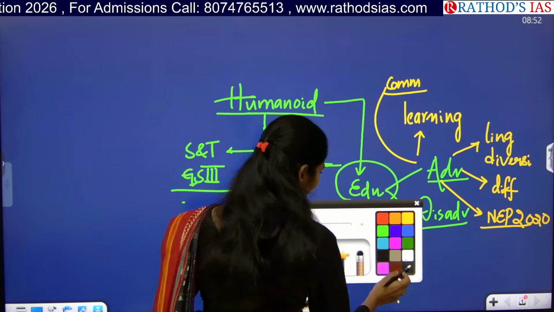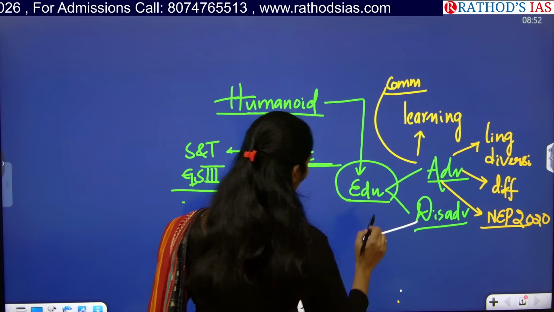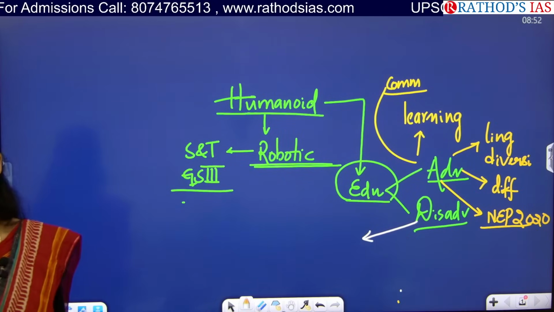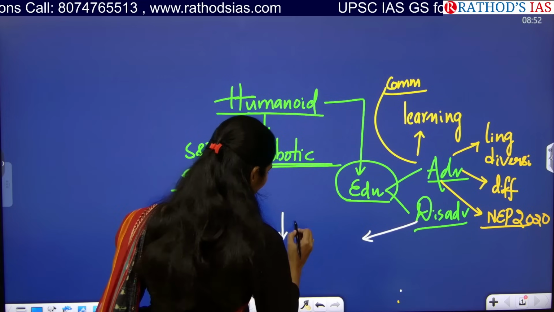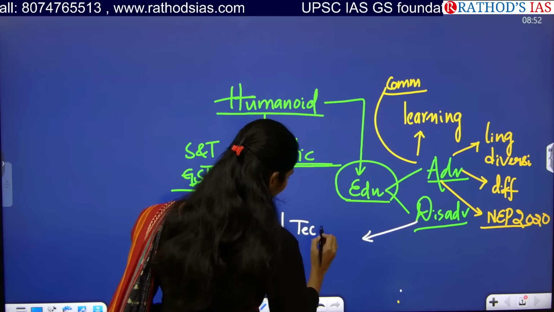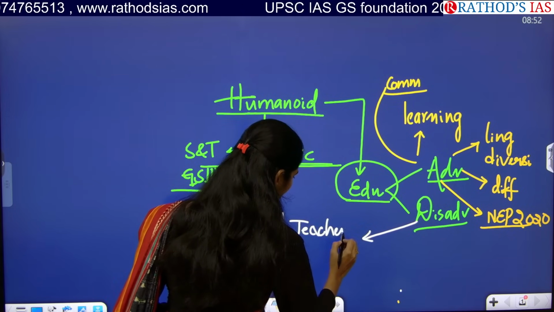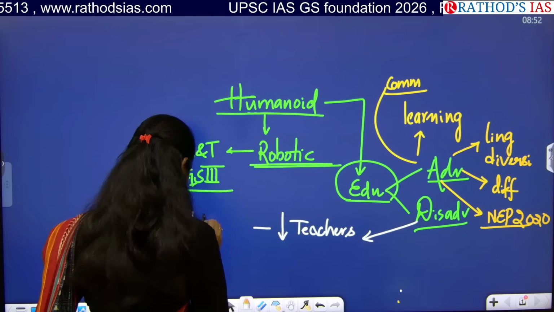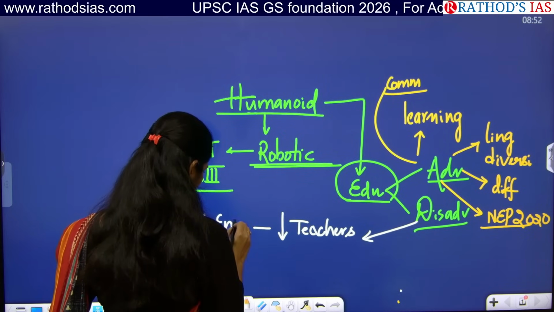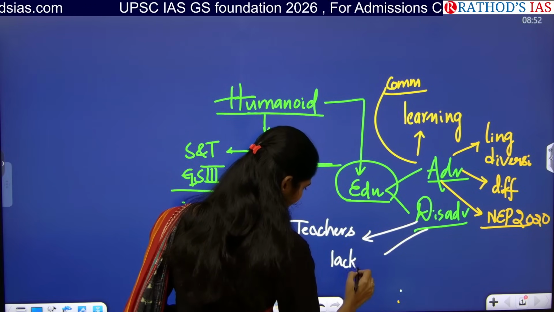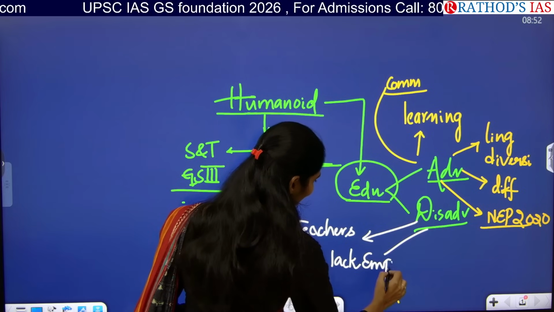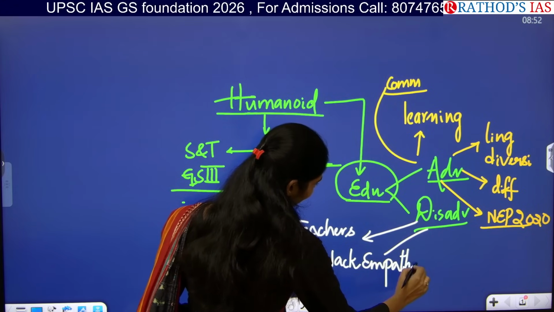Now tell me what might be the disadvantages of using these robots. Reducing teachers, that means it may create unemployment. Okay, next. And they may lack empathy. Empathy is lacking.